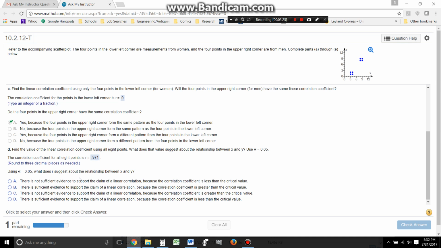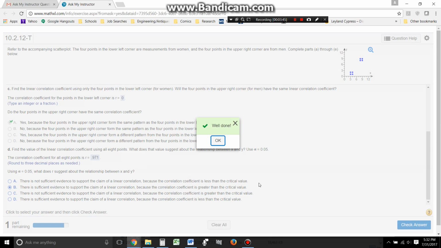So it's the same sort of relationship. If the test correlation, which is this value here, exceeds the critical correlation, then I reject the null. If I reject the null, there is sufficient evidence. Okay? So therefore, B is going to be the appropriate response.